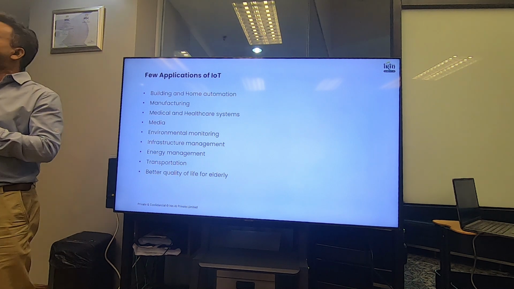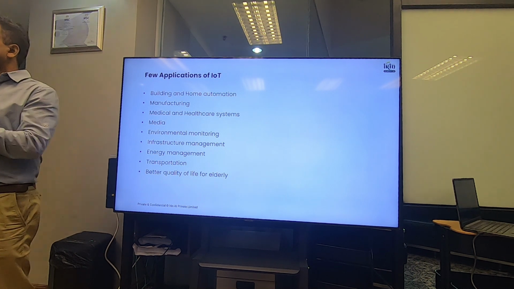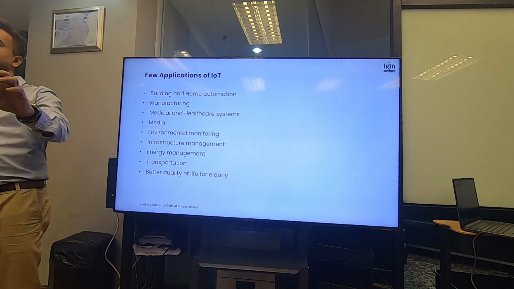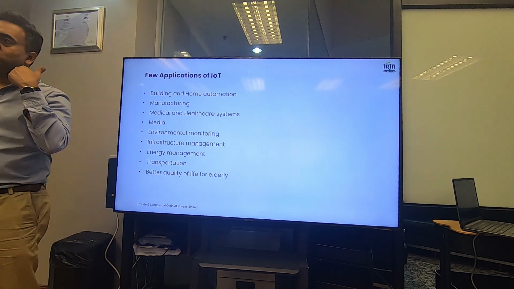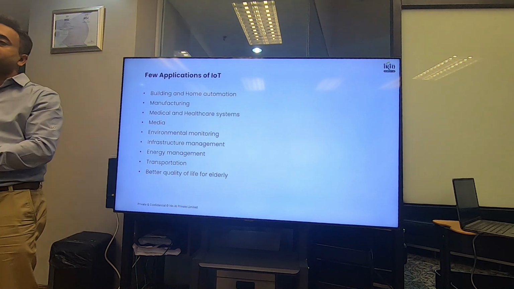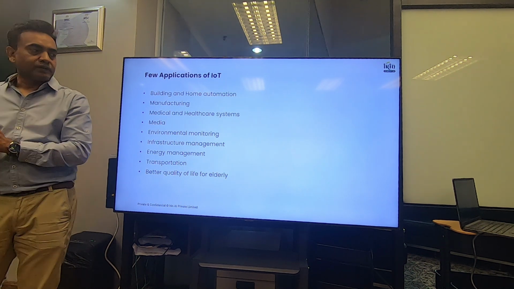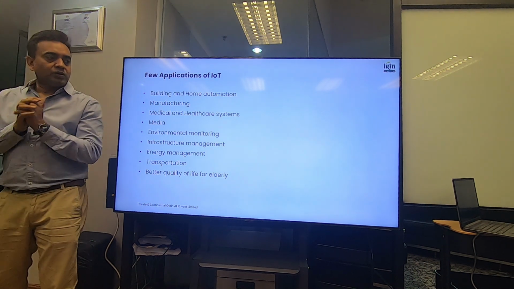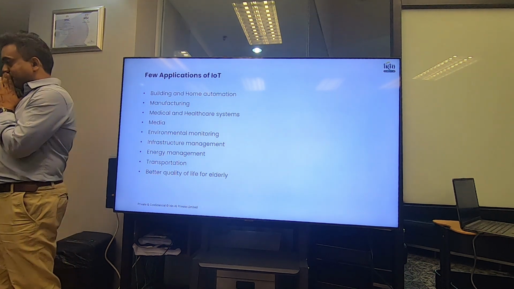Hospitals are tapping into this because they have an opportunity to refill medicines and to ask for proactive diagnostic tests. So that's pretty much on IoT.